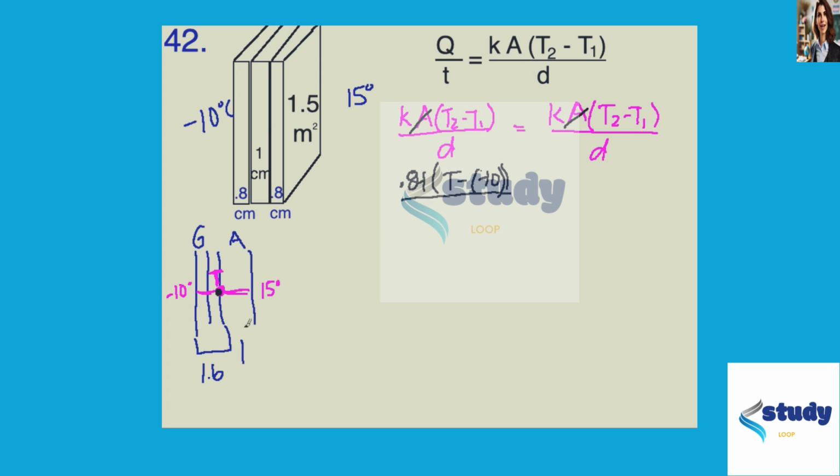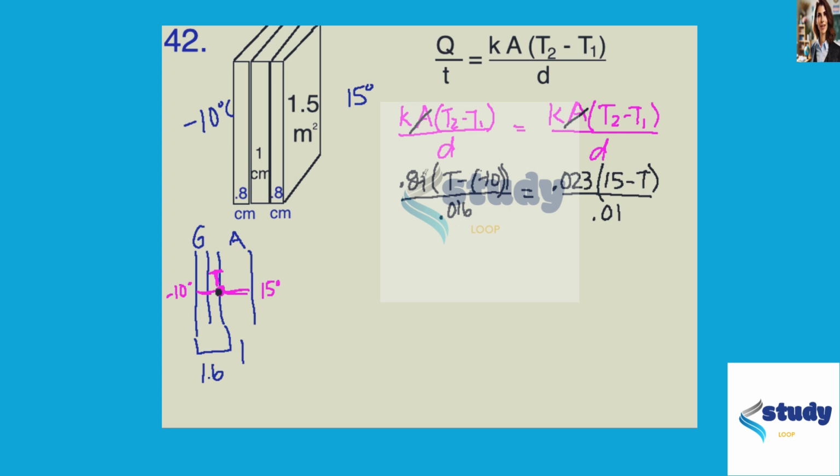My thickness was two panes together, so that's 1.6 centimeters, which I'm going to put in meters: 0.016. Now for the air side, I look up on that same table: the conductivity for air is 0.23. This temperature is going to end at 15 and start at T. And my thickness is 1 centimeter, which I'm putting in meters.